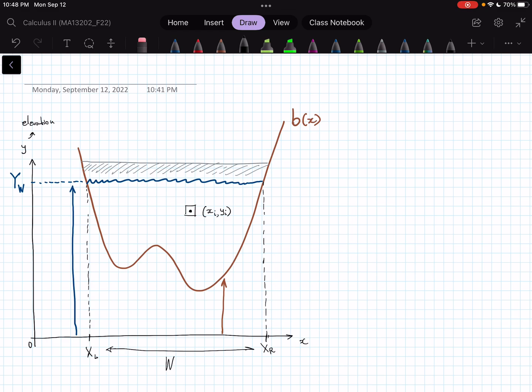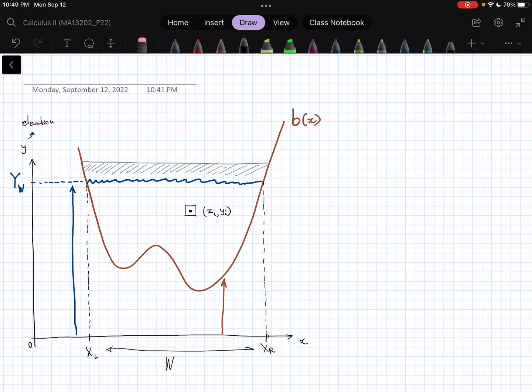But compared to our previous calculations when we were dealing with volumes and areas, this is not going to be a rectangle, but rather a square. And so when we perform our integration, we're going to be sliding that square in all directions until we cover the river cross section, and that's how we're going to be forming our integrals.